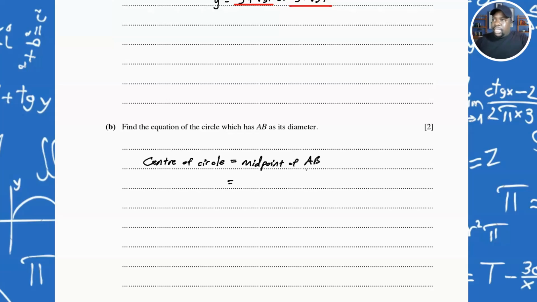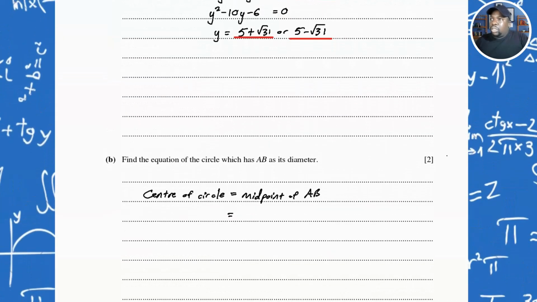For this, the x coordinates of the 2 points are 0, so it will just be 0 plus 0 over 2, which is just 0. For the y coordinates, that's 5 plus root 31, plus 5 minus root 31, over 2.